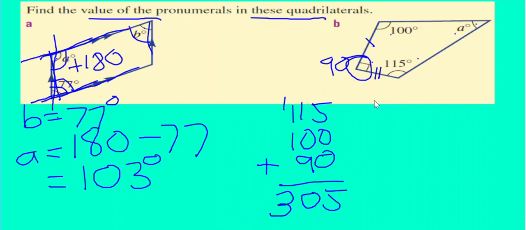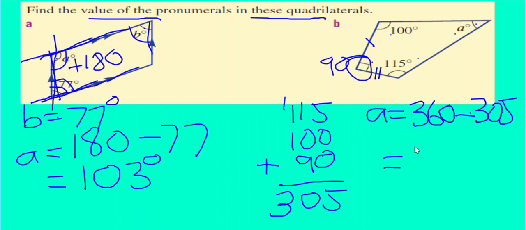Then all I need to do to find angle A is remember that all the angles add up to 360, so I subtract 305 degrees. So angle A is going to be 55 degrees. 360 minus 305 is 55 degrees.